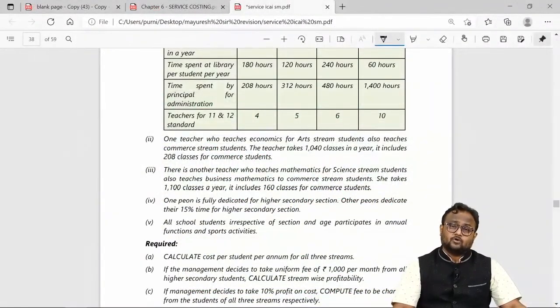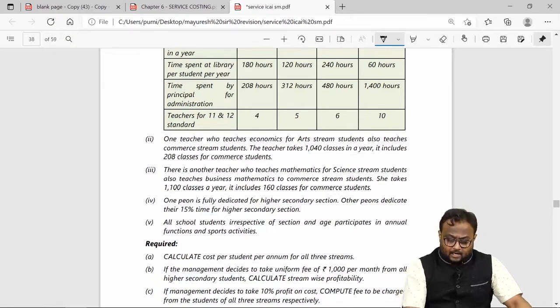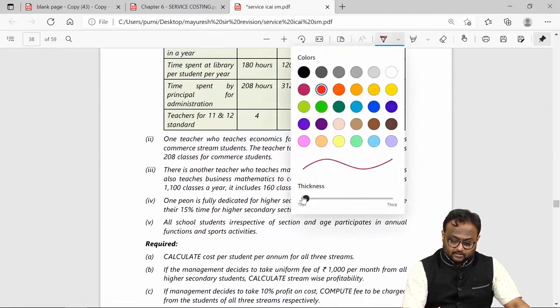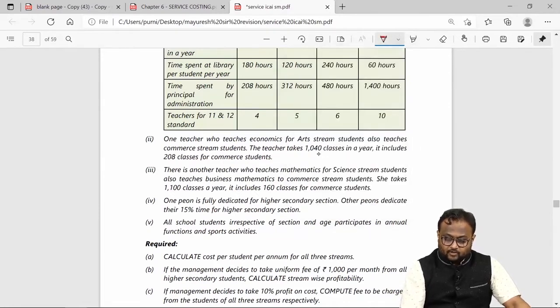And for getting teacher's cost calculated, you need to understand how much is the time spent by teacher for each stream. Teacher is taking lectures for 1040 hours. That is what the question tells us. But out of 1040 hours, 208 hours belong to commerce stream.